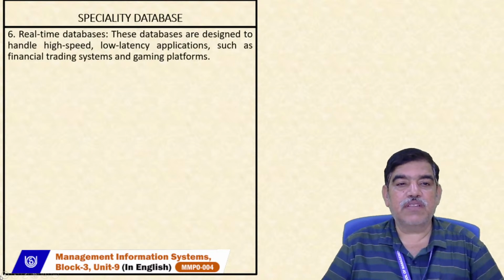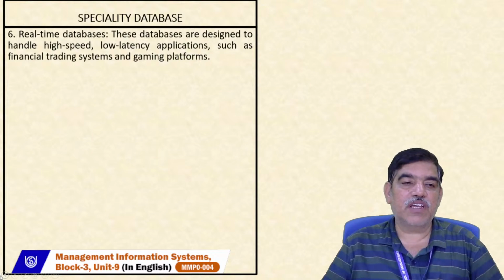Then real-time databases. These databases are designed to handle high-speed, low latency applications such as financial trading systems and gaming platforms. So a gaming platform provides different types of online games to play for entertainment.